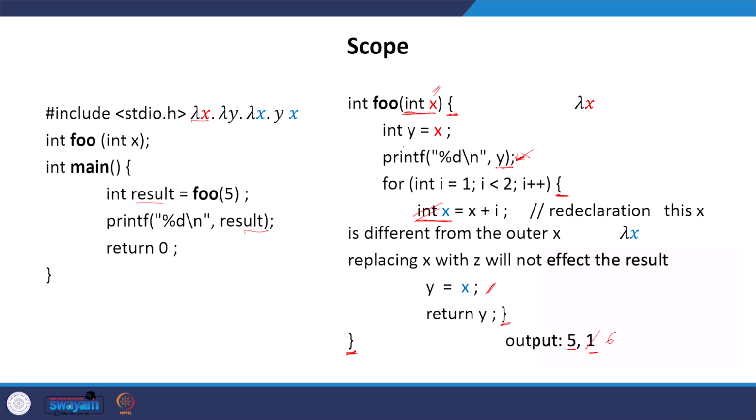This x is visible everywhere unless it is occluded or shadowed by a redeclaration. So we can think of this part as a redeclaration which makes it shadowed. This x shadows the outer one. Which is tantamount to saying that I can very well rename this x as z, int z. If I write int z here also, it is the same thing. So this is the idea about scopes.